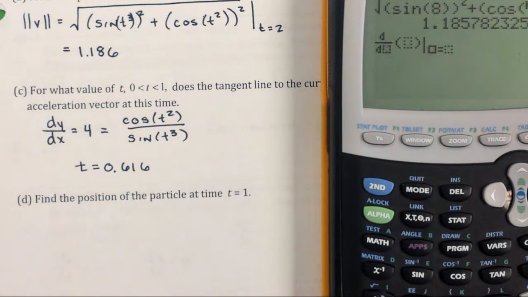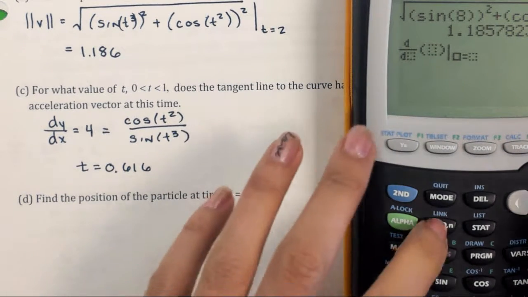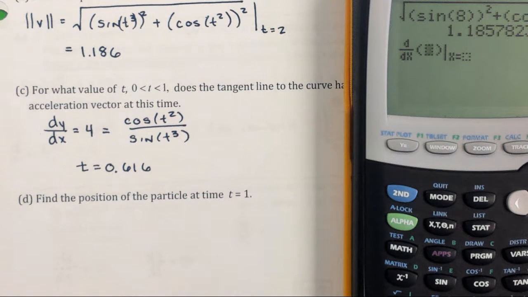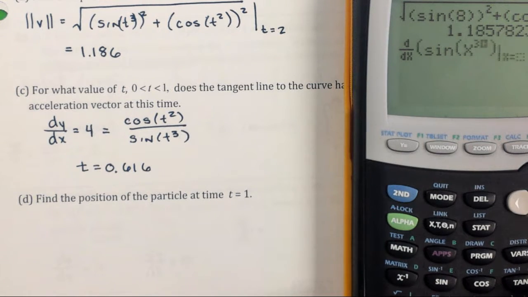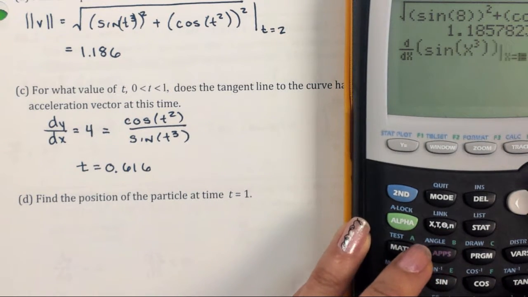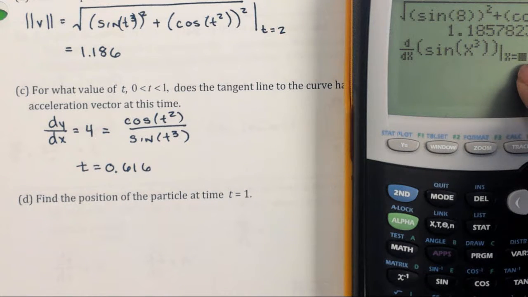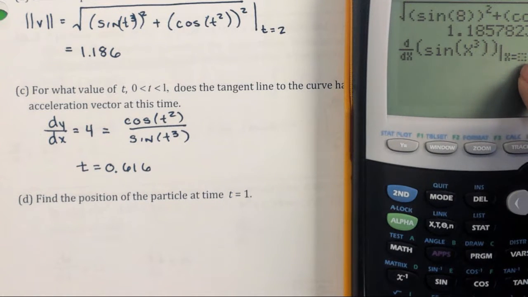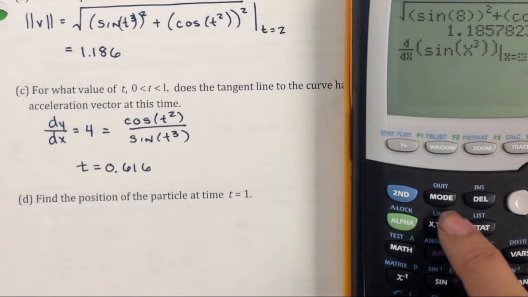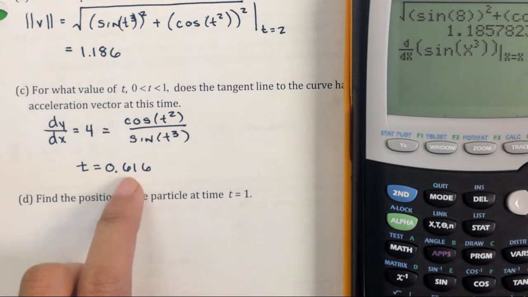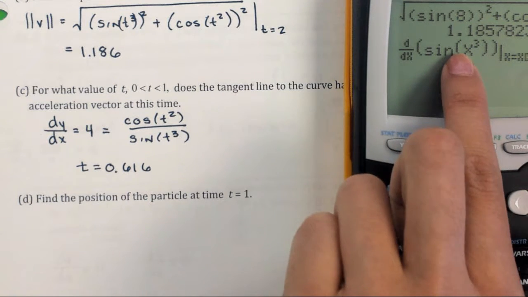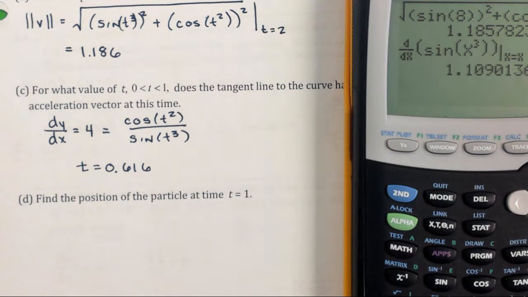I can do that by hand, but since I already have the calculator, let's just go math derivative, math 8, and then I'll just do the dx dt first, so sine of x cubed. And then x, when I calculated the intersect, is already stored in, so I'm just going to do x equals x. So 0.616 is going to go into the derivative of this. And so you are 1.109.